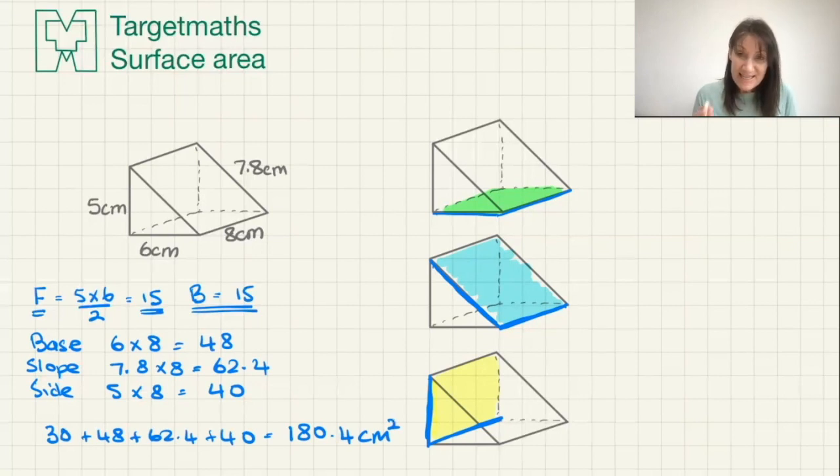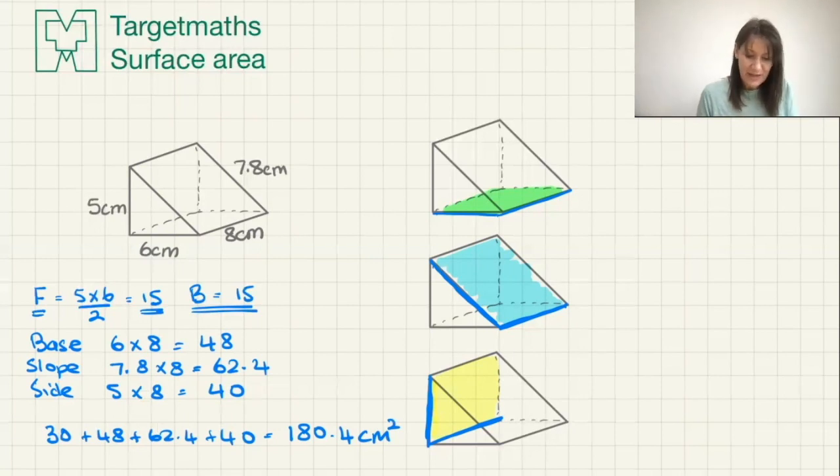So this is the key that I'm hoping you've picked up. Every edge of the front face is used with the third length. So the bottom, the sloping, and the side, all 3 edges of the front are used with the third length.